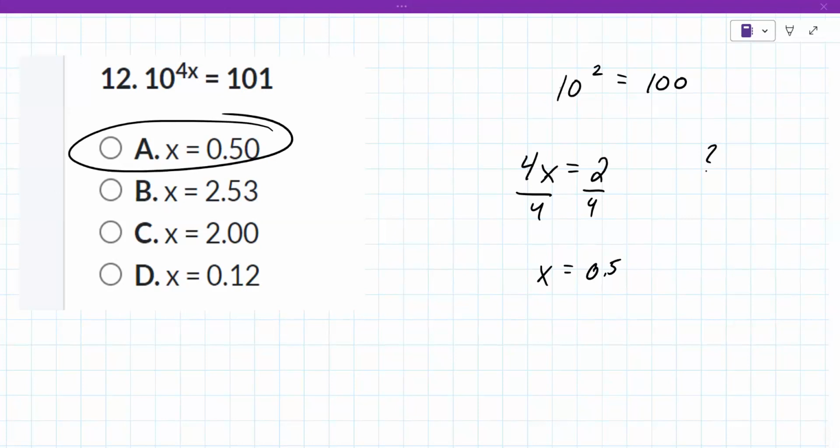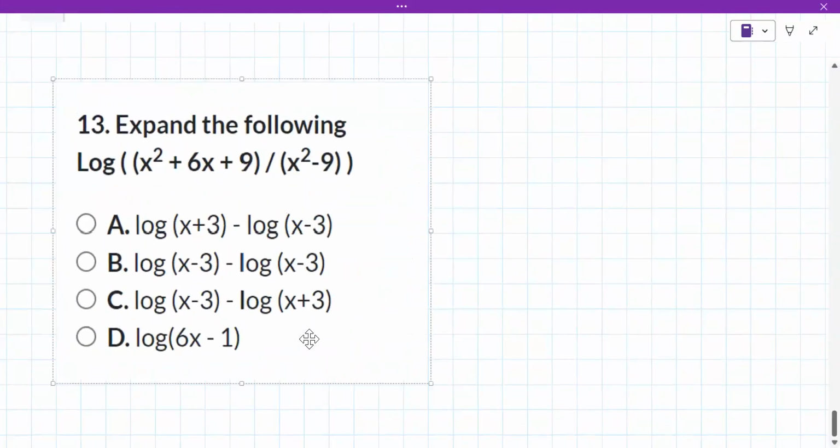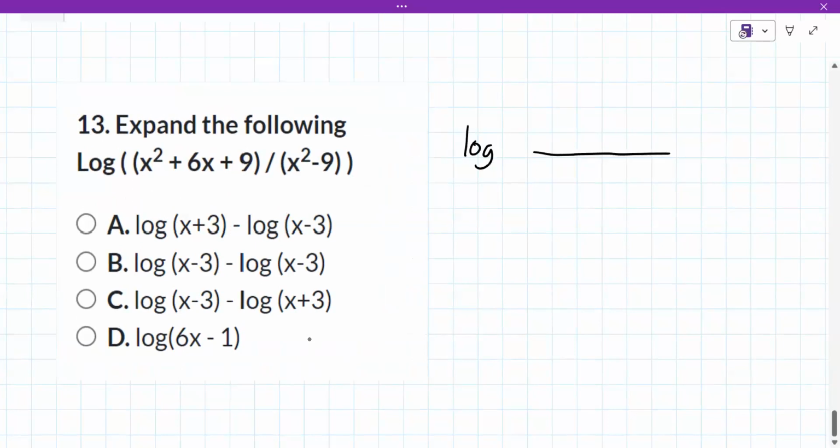Ready to take a look at the next one? It says to expand. We're going to write it in a nicer form here: x squared plus 6x plus 9 over x squared minus 9.